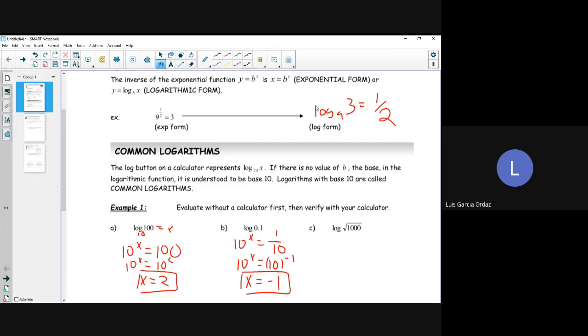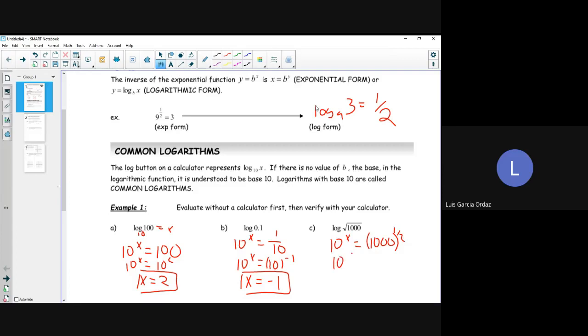And then last but not least, we have log of the square root of 1,000. So we get 10 to the x is equal to 1,000 to the power of 1/2. And what would our x value be for this scenario? Three. But we can't just assume it's 3. We're going to have to simplify it a bit more.